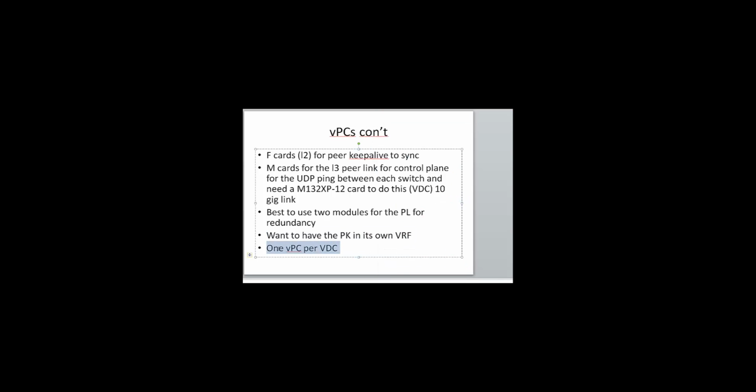And as I mentioned before, you have 1 VPC per VDC. So if you have up to, let's say, 4 VDCs in your 7K, let's say it's a Sup 1, so it can only do up to 4, you can have a max of 4 VPCs. That's also something you want to keep in mind.